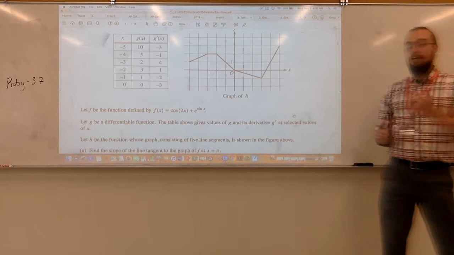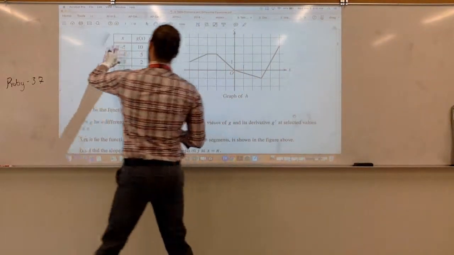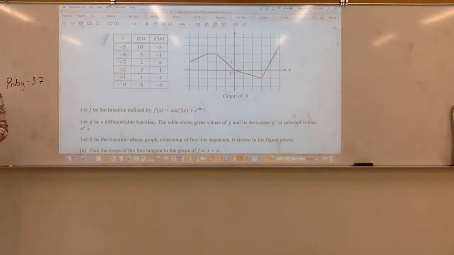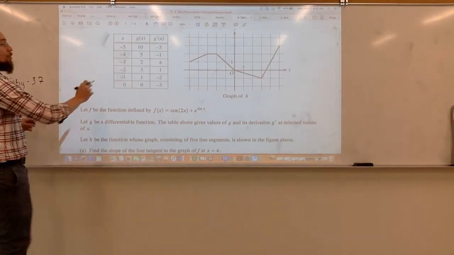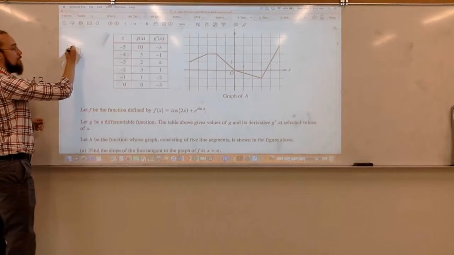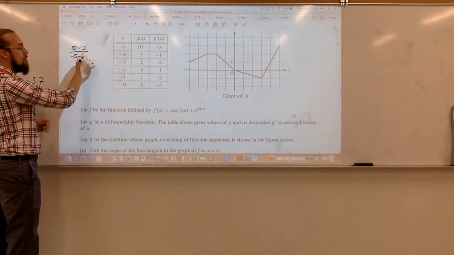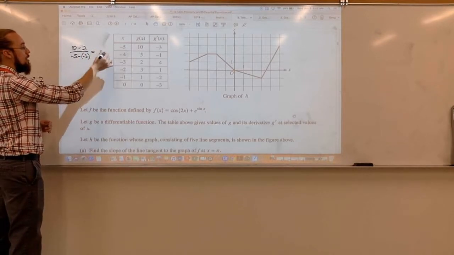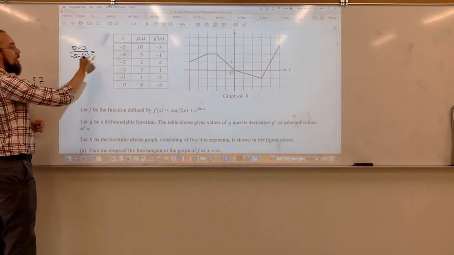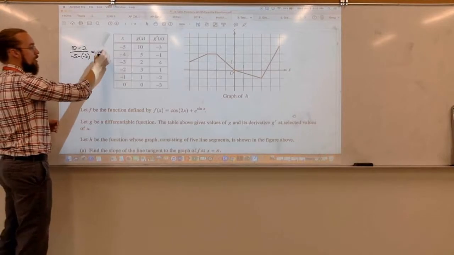So on the interval -5 to -3, I want to find the average rate of change, or the slope between those 2 points. So that would be 10 minus 2 over -5 minus -3. So 8 over -2, which would be -4.